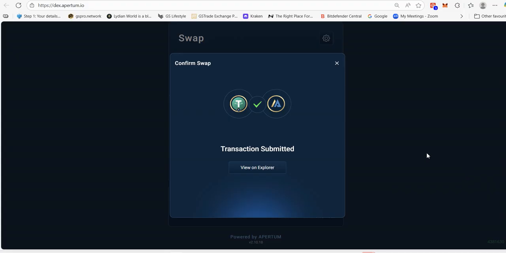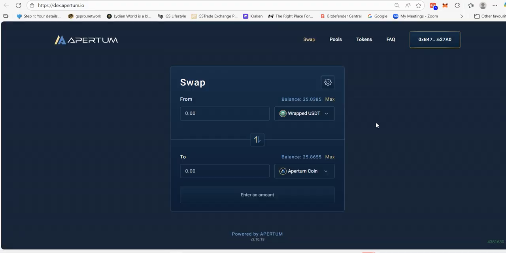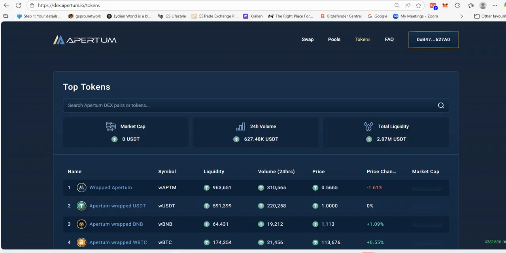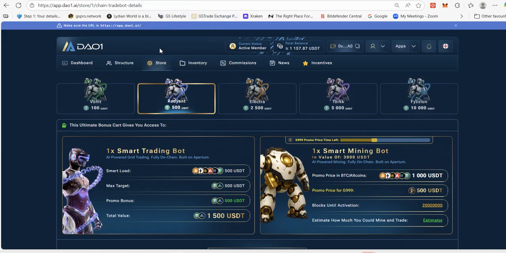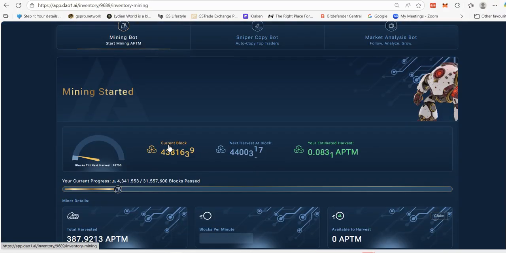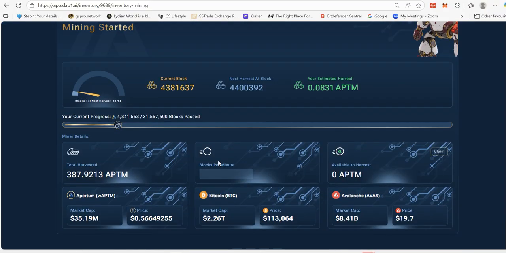Now what I'm going to do, which is super powerful, is the liquidity pool. I'm going to click on tokens because I want to show you something very powerful. Imagine I'm getting Pertum through my miners. I've got some miners active here in my inventory. Imagine I'm just mining on automatic, getting the Pertum token.